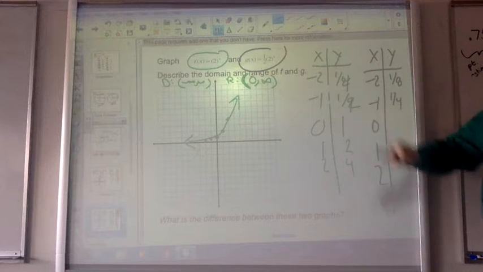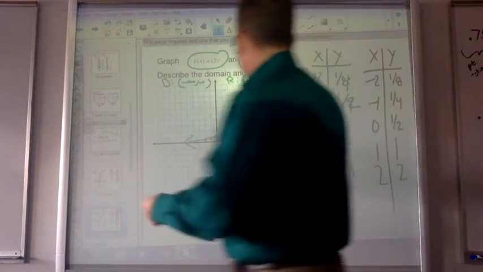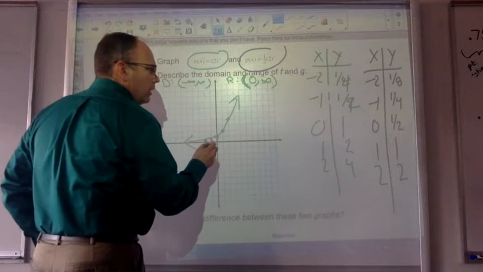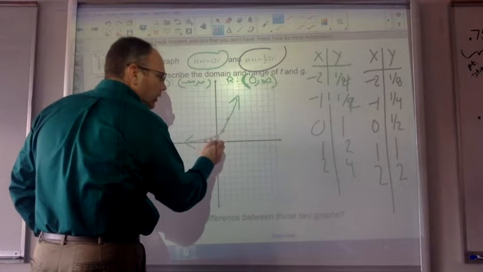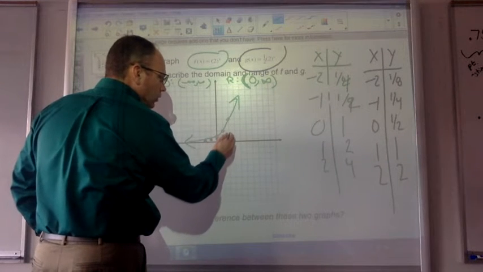If I plug 0 in, 2 to the 0 is 1. Half times 1 is half. Plug 1 in, 2 to the first is 2. Half of 2 is 1. Plug 2 in, 2 squared is 4. Half of 4 is 2. All right, let's see what happens here. So -2, 1/8, that's just a smidge under there. -1, 1/4 is here. There's half there. 1 here. 2 here.